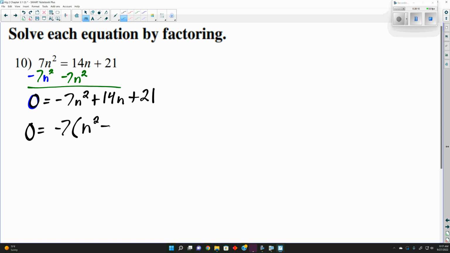If we factor a 7 out of 14, 14 divided by 7 is 2n. And the last one, the third term, since it's positive 21, it's going to go from positive to negative 3, because 21 divided by 7 is 3. So it's possible to pull out a negative and a number at the same time.